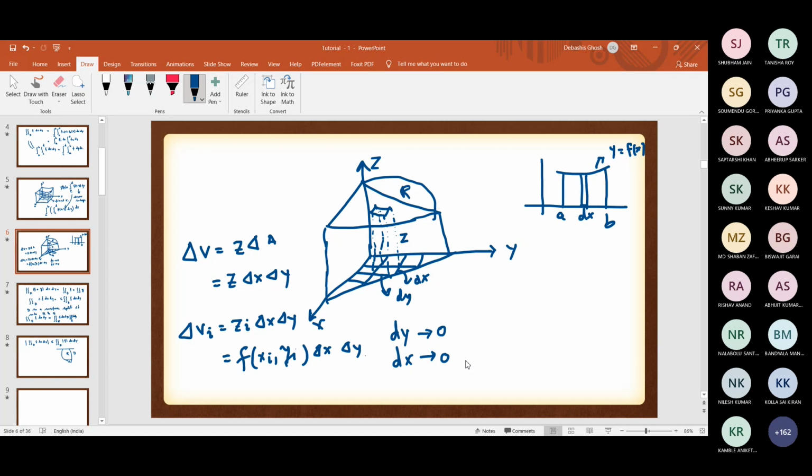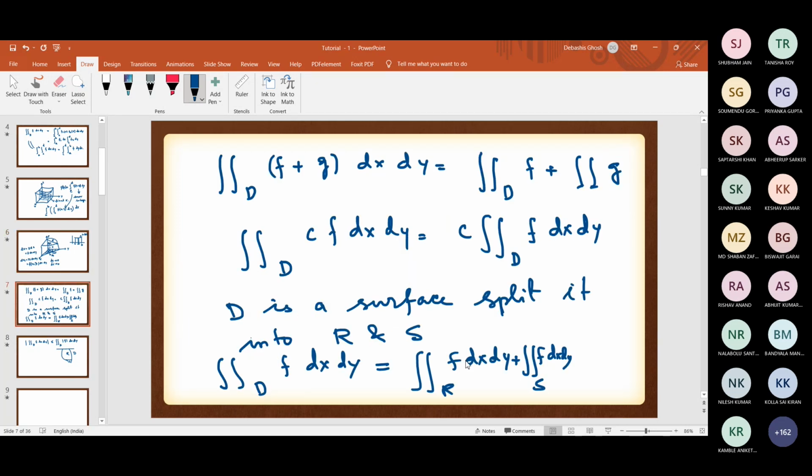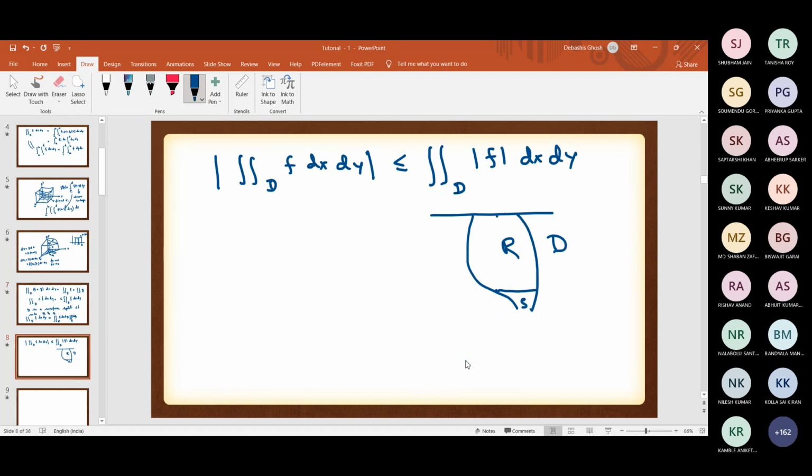Sir, in the slide in which you showed the inequality, can you please show it again? Yes, sir. In this slide, sir told us that anytime f goes negative, we have to take minus f to compute the volume. Yes, we compute the volume.